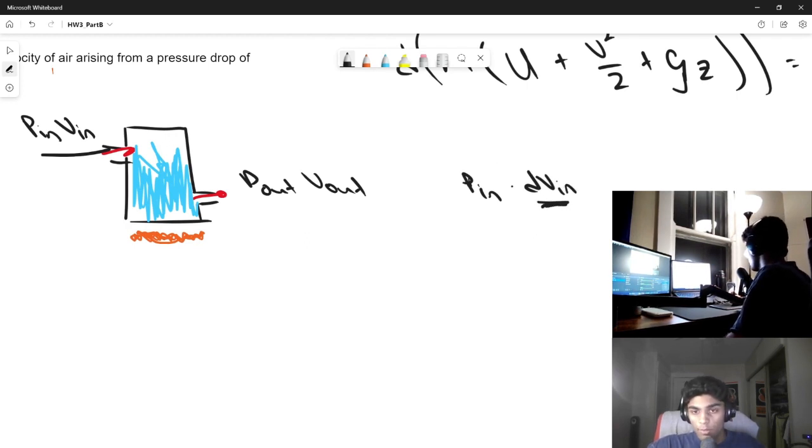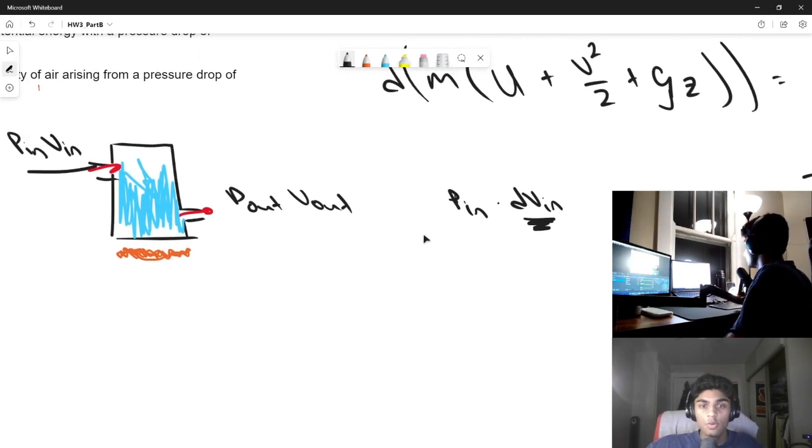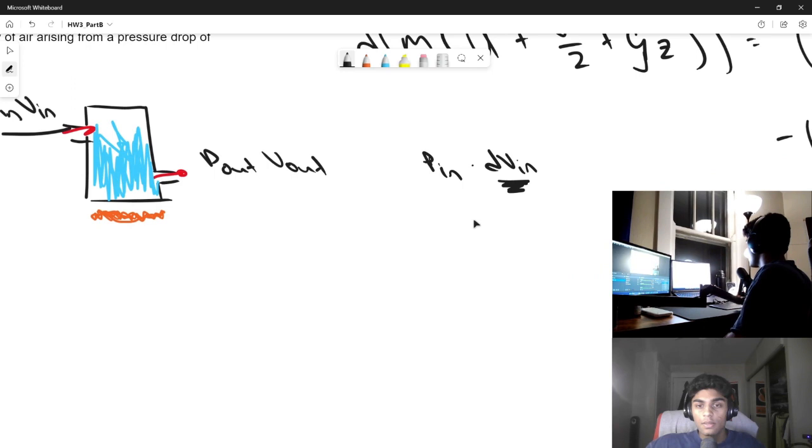Now, we know something about this component here. This component is related to the mass by the density equation. And so we have the mass in is equal to density times volume in, right? So we could go ahead and take the differential for each of these. Our density is a constant, so we don't focus on the differential for that.